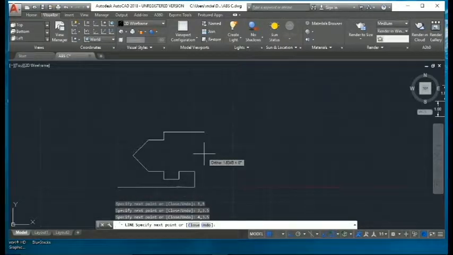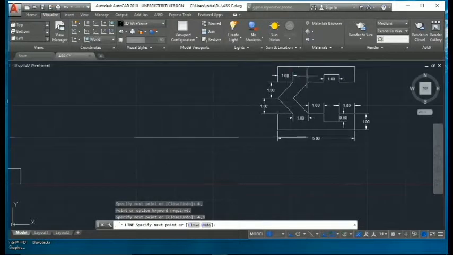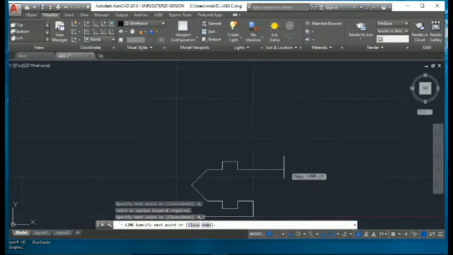Let's type 4, 3, enter. And the next point is this point, whose coordinate value is 5, 3. Let's type 5, 3, enter.